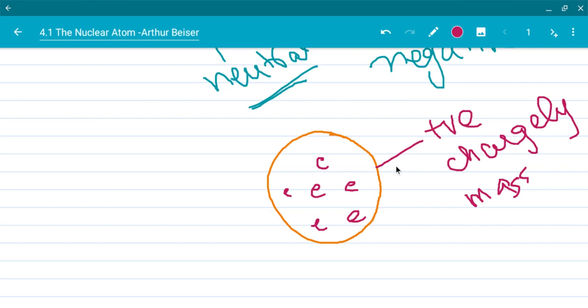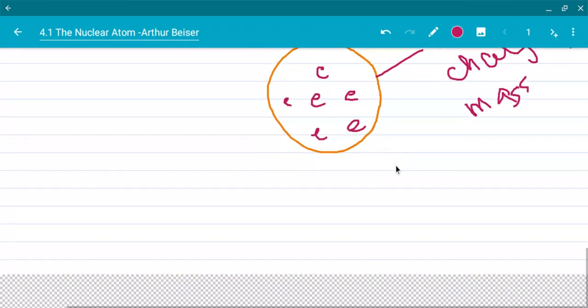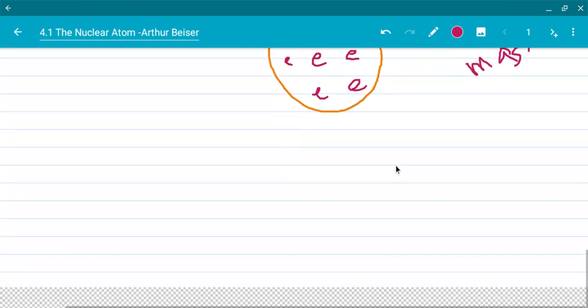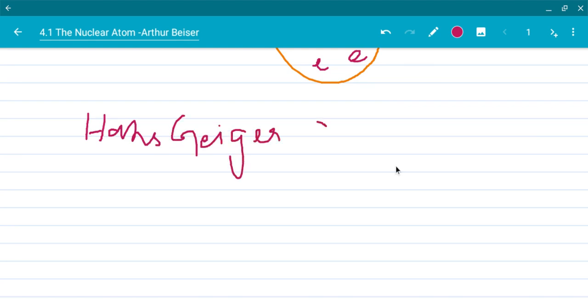But later on, to confirm this concept, there was another experiment done by Hans Geiger and Ernest Marsden. This experiment is called the alpha particle scattering experiment.